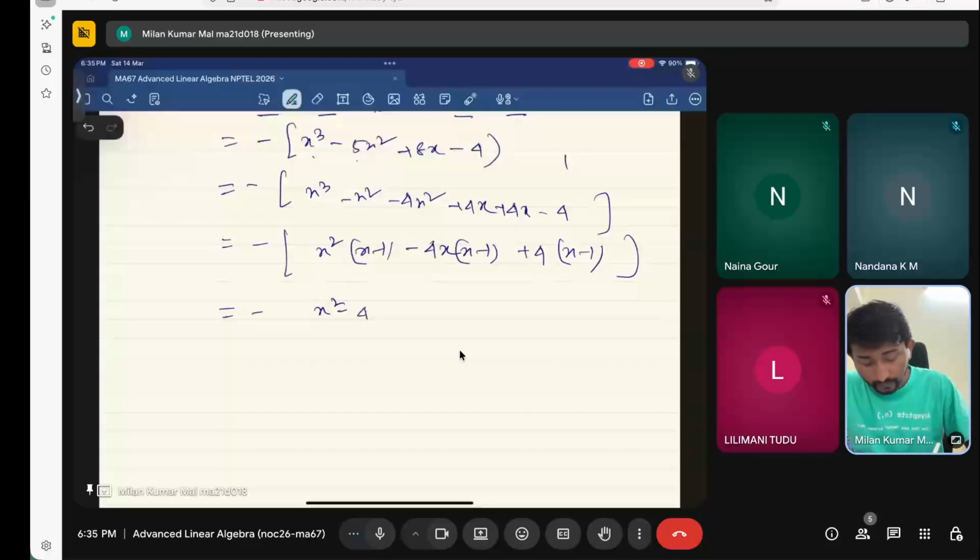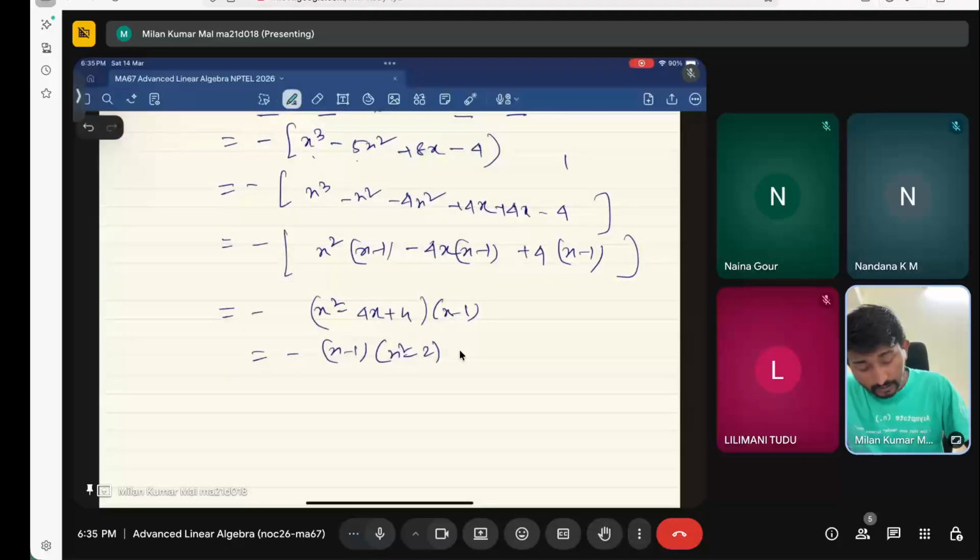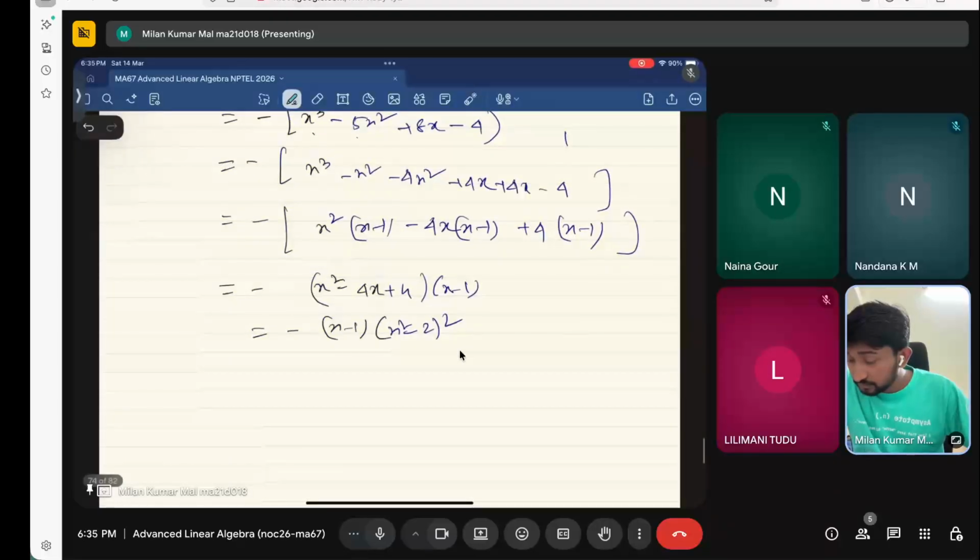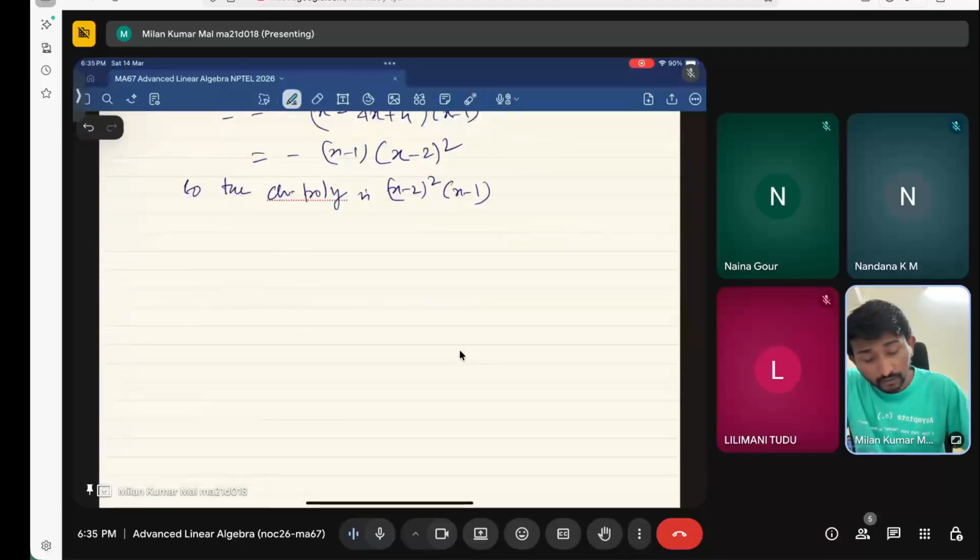So the characteristic polynomial is (x minus 2) square (x minus 1). So lambda equals 2 and 1 are the eigenvalues of the given matrix.